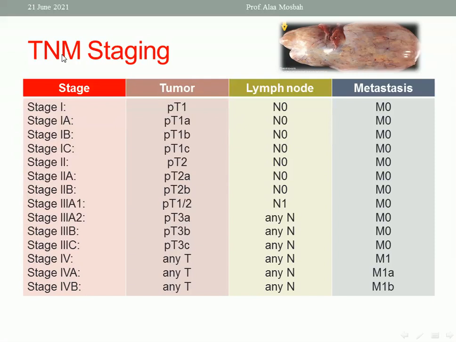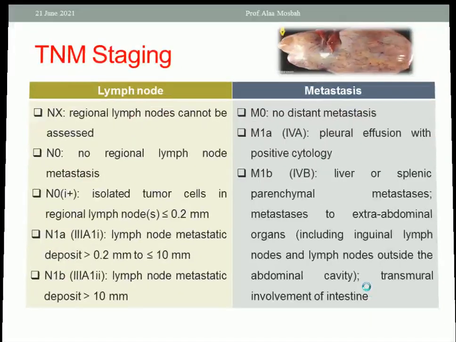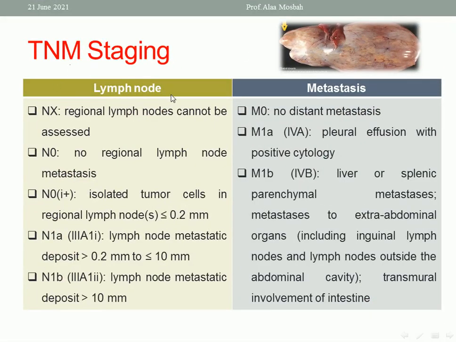N, lymph nodes, as you see here, N0, N0, N0, N1, any N till the end. Metastasis here, M0, M0, M1, M1A, M1B in stage 4. To understand the TNM staging, you should know about the lymph node.